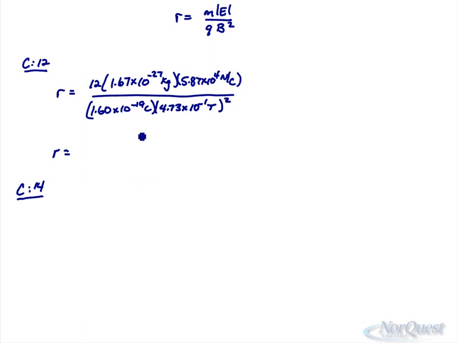So the radius of this path for C12 is 0.0329 meters.